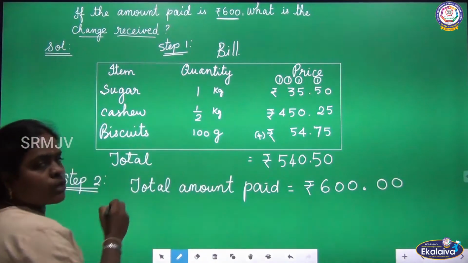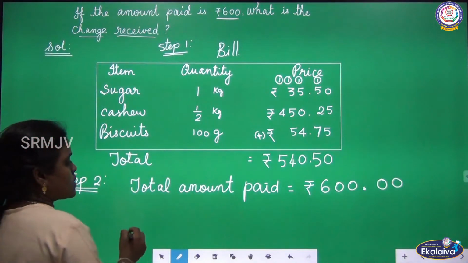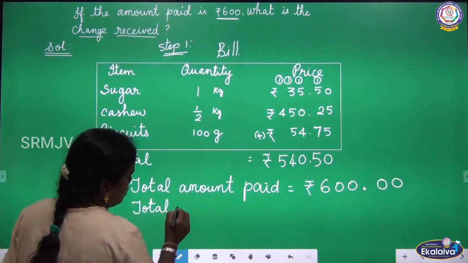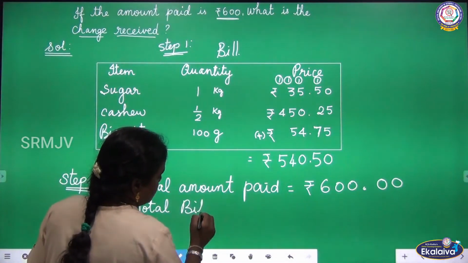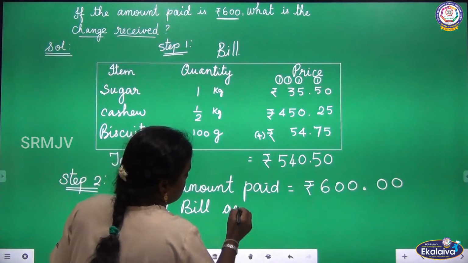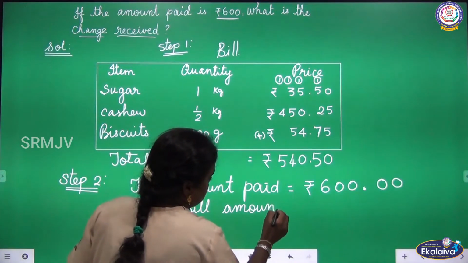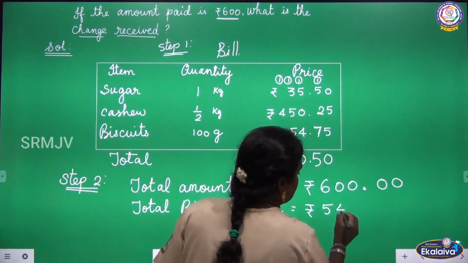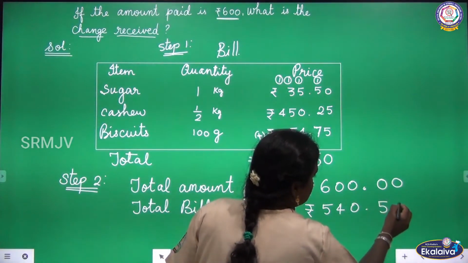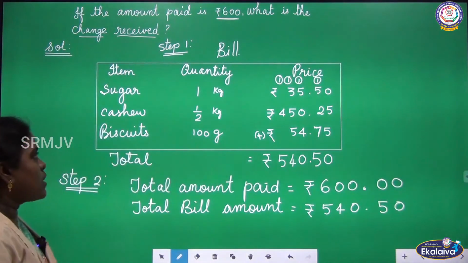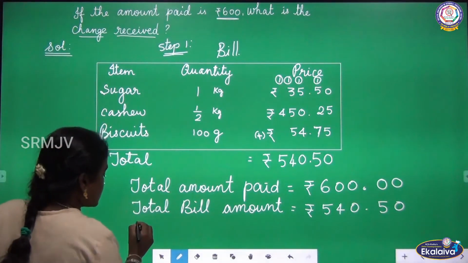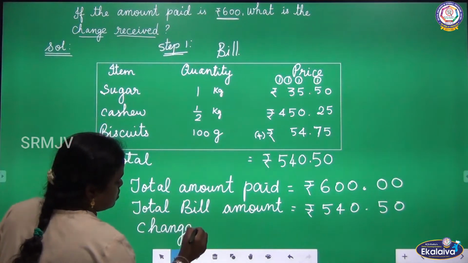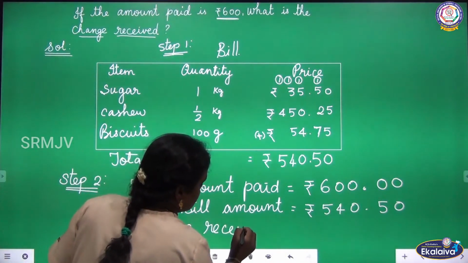Yes, and the total amount for the things, total bill amount, that is 540 rupees and 50 paise. So now we are going to find out the change received.